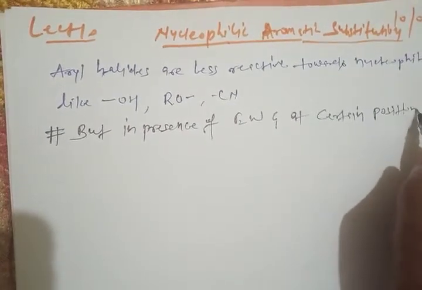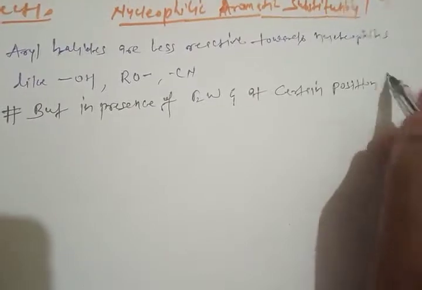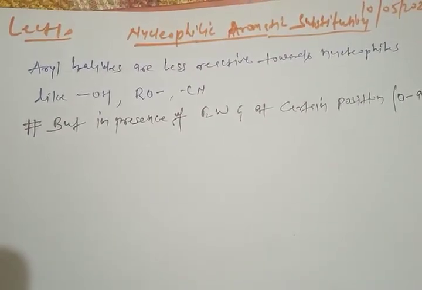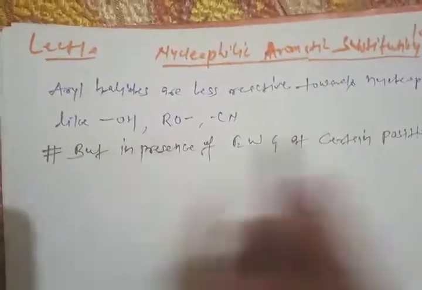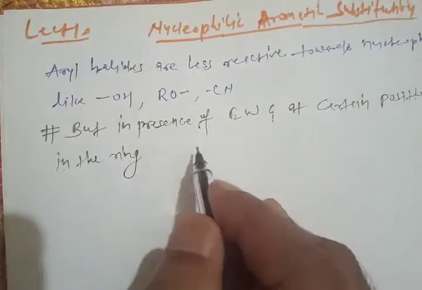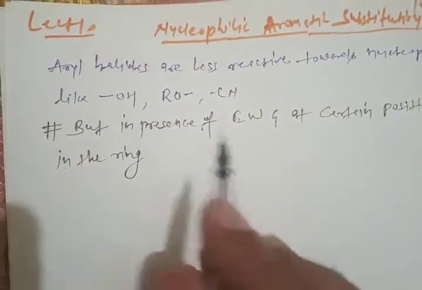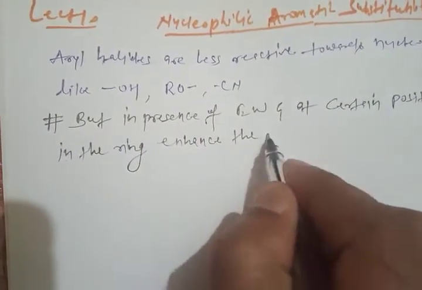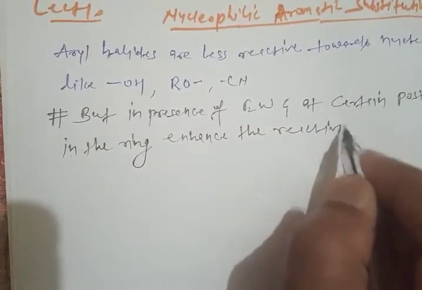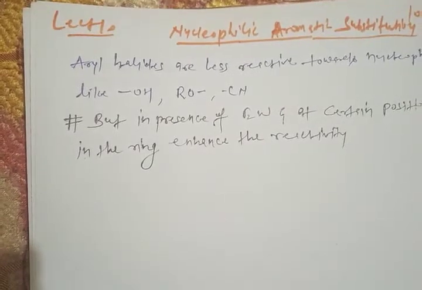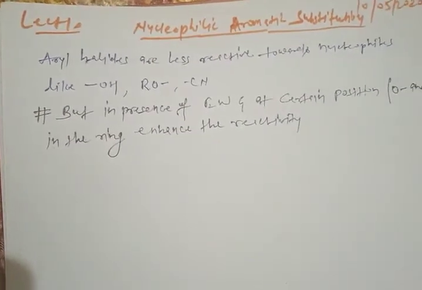We will discuss why. A certain position in the ring enhances the reactivity. So this is very important. In the presence of an electron withdrawing group at a certain position, the reactivity is certainly increased.